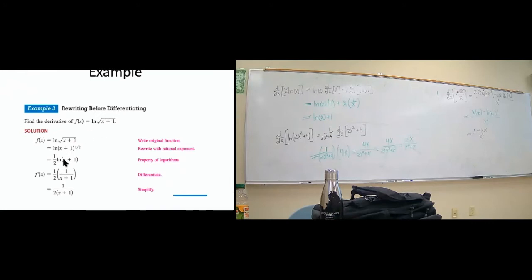Now notice if we didn't take advantage of that logarithm property, we could still do this derivative. We would just have a really long chain rule. We'd have the ln, the square root, and then x plus 1. So we'd have 3 different functions here. Cool.